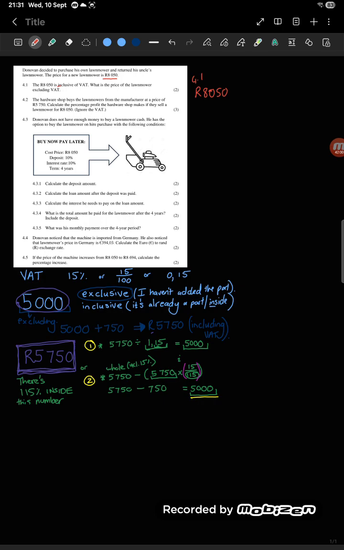Meaning 1 is a whole, 15 is the part, 1 and a whole. I take away that part, I'm dividing by it to get what I originally got. So 8050 divided by 1,15 equals, what does that equal?